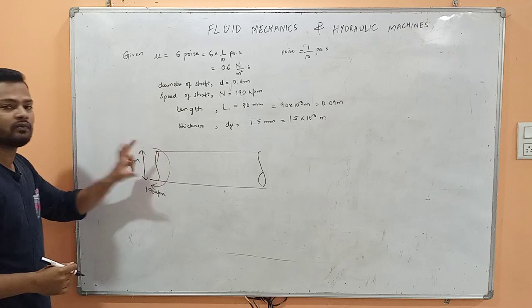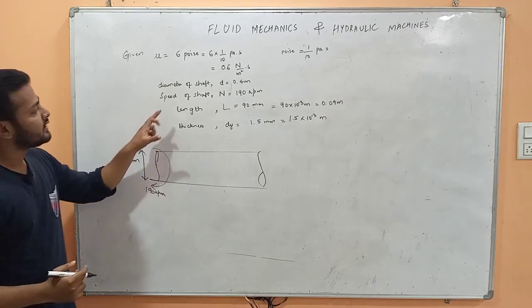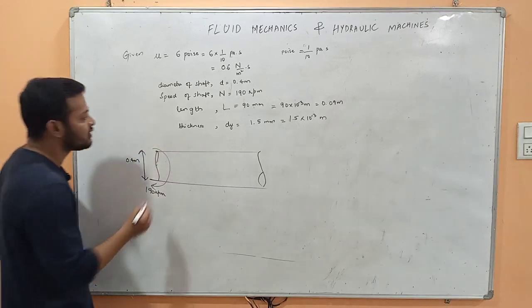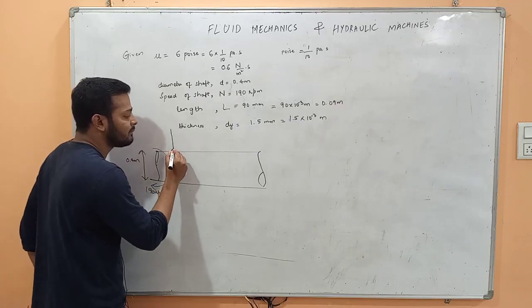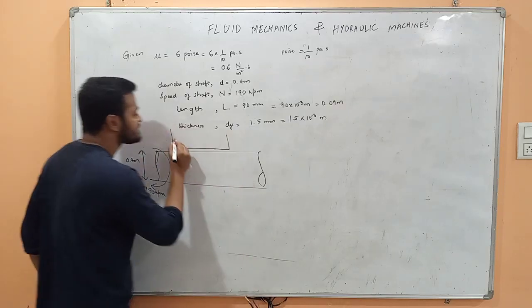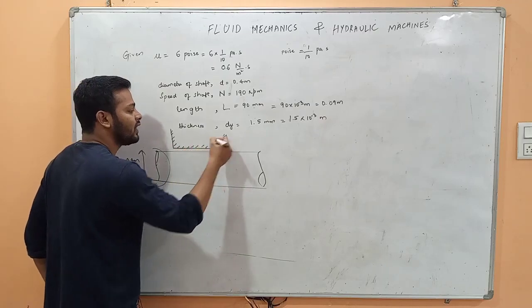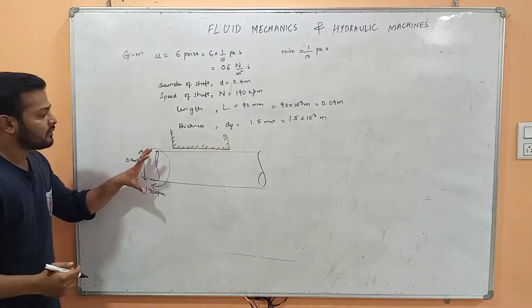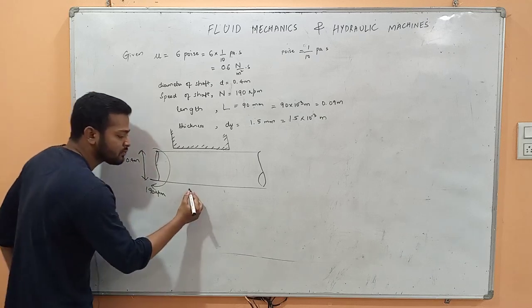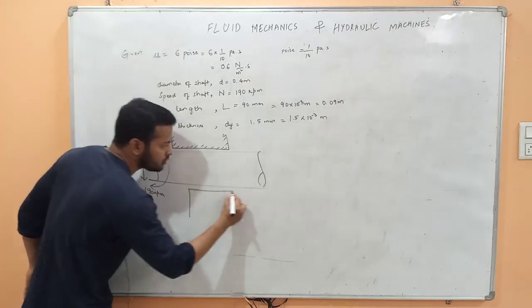It is rotating at 190 rpm and it is supported by a sleeve. A sleeve is always a supporting member like a bearing. So the sleeve supports this shaft while rotating.